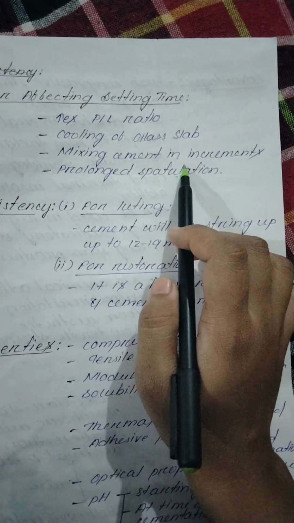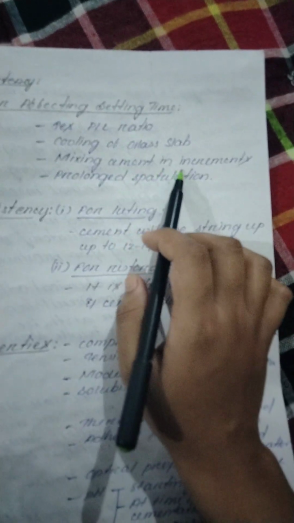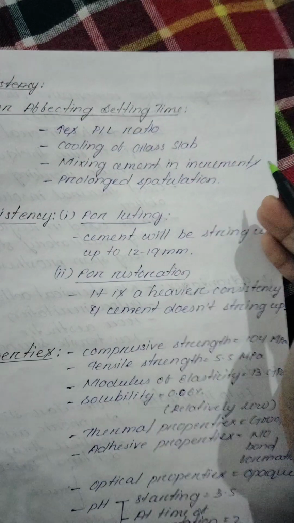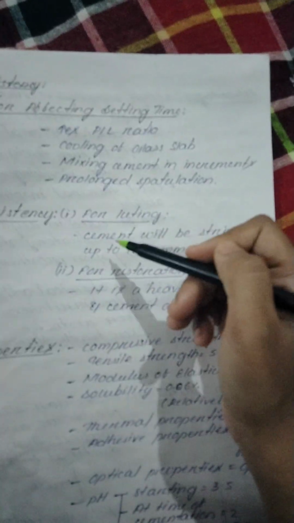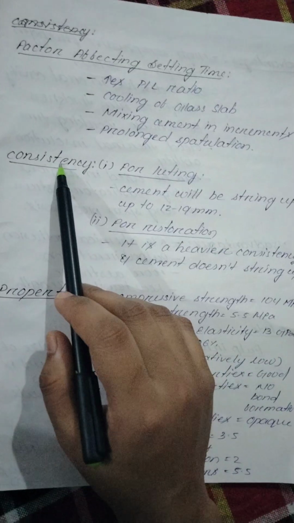Mixing cement in increments: it takes 1.5 to 2 minutes for setting. Prolonged spatulation will increase the setting time.